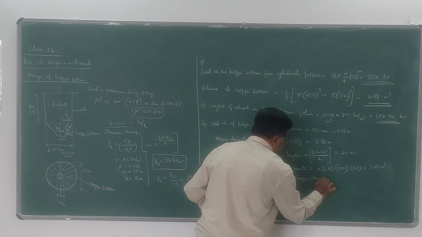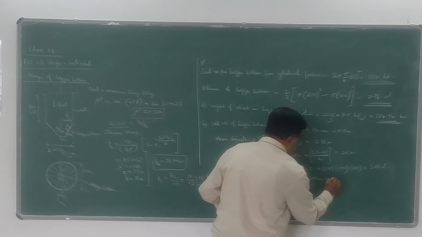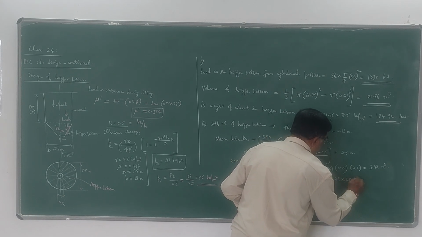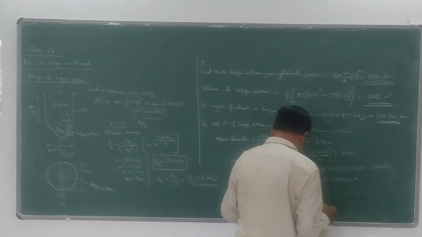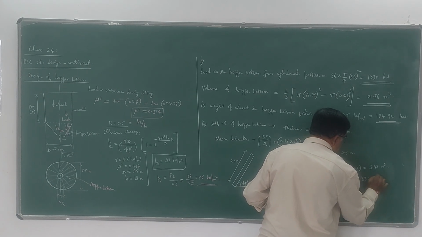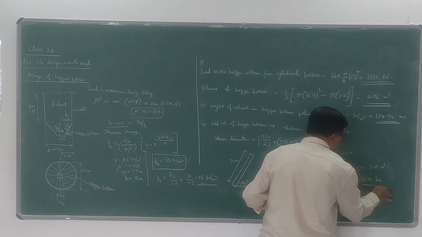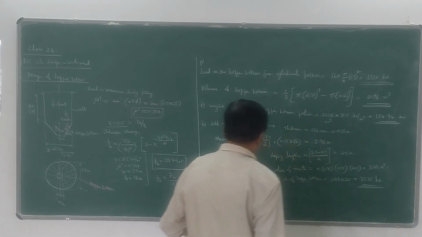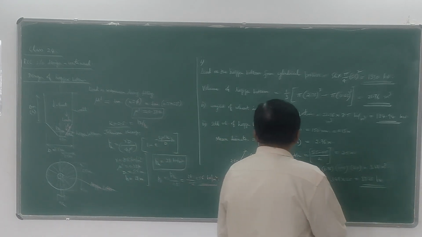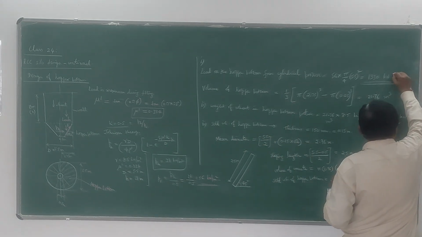Self weight of the upper bottom is equal to 3.49 volume multiplied by the density, that is 25 kilonewton per meter cube for concrete, giving 87.25 kilonewton. So this is the third load. We now have all three loads. The first one is the load on the upper bottom from the cylindrical portion.